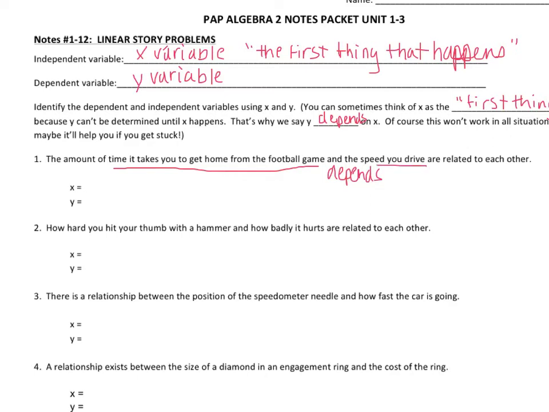If you're going to drive slow, then it's going to take you a long time, but if you drive fast, it's going to take you less time. So in this particular example, the speed is going to be the independent, and then the time to get home will be your dependent.